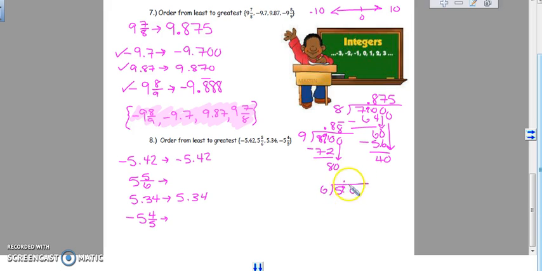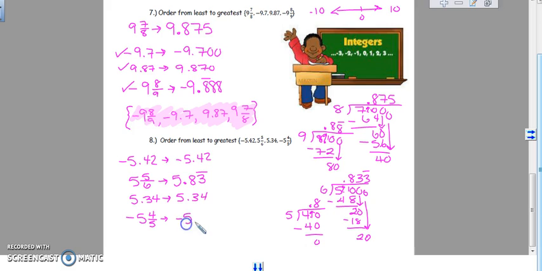It can go in 8 times. That's 48. 20 can go in here 3 times. It can go in 3 times. So this is repeating. So this is 5.83 repeating. And 4 divided by 5, top on the inside, bottom on the outside. Can go in here 8 times, none left over.